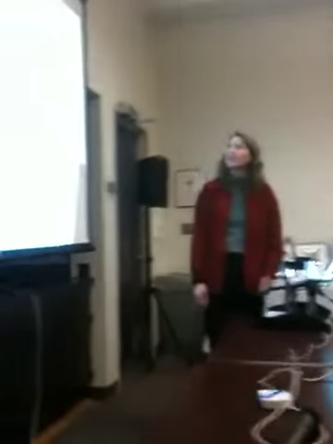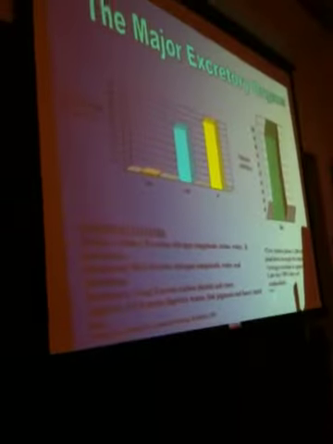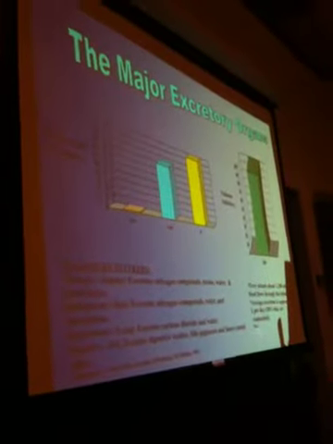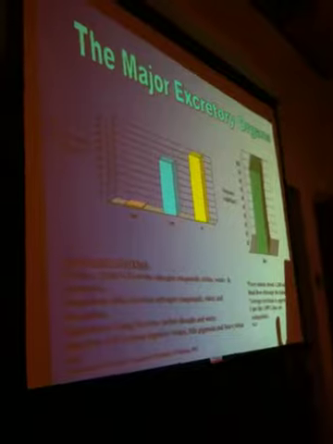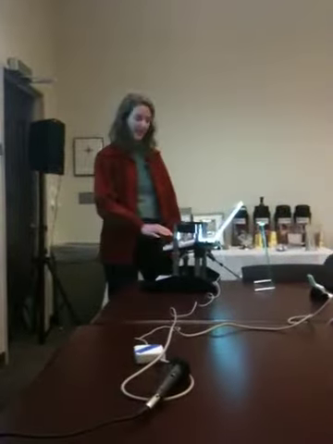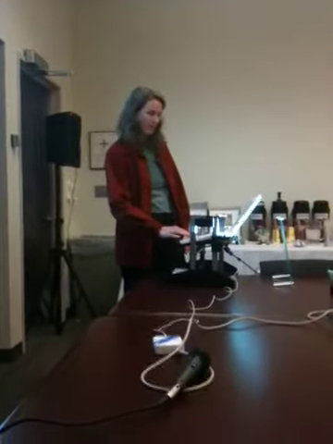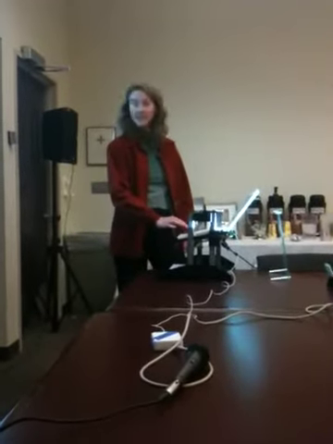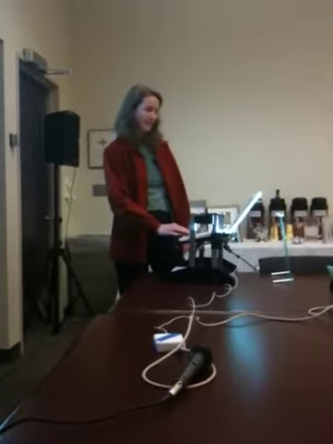So these are the major excretory organs. By excretory, I mean these are the organs that eliminate toxins from your body, that eliminate anything that isn't useful to your body. So we have the skin, lungs, the digestive system, and the kidneys.